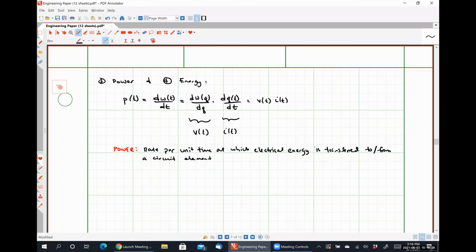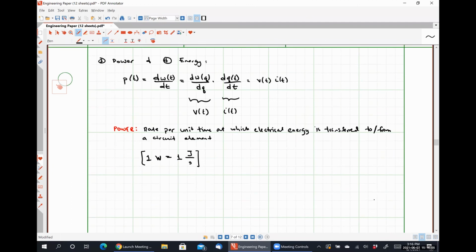Since it's the rate per unit time at which electrical energy is transferred, its unit is the watt, which is defined to be 1 joule, the unit of work or energy, divided by 1 second, which is our fundamental unit of time.